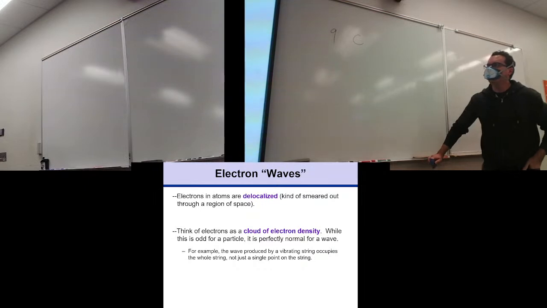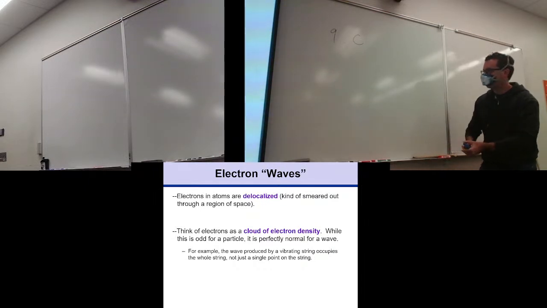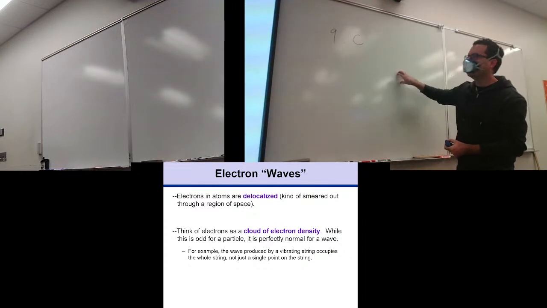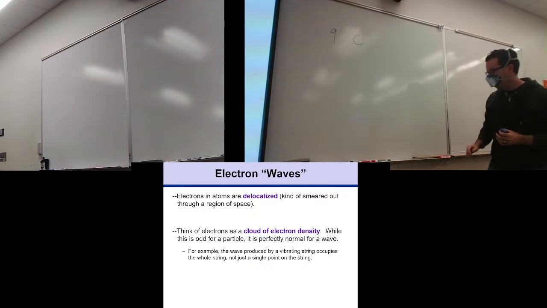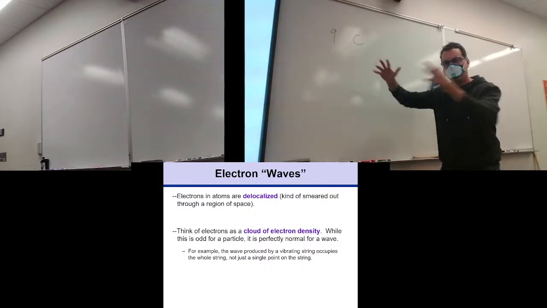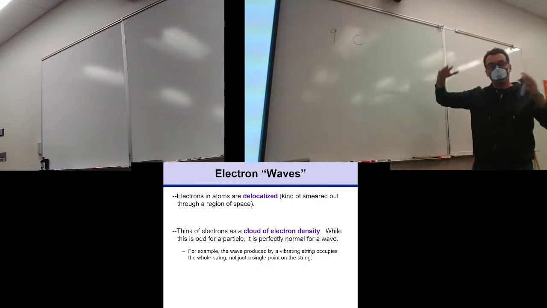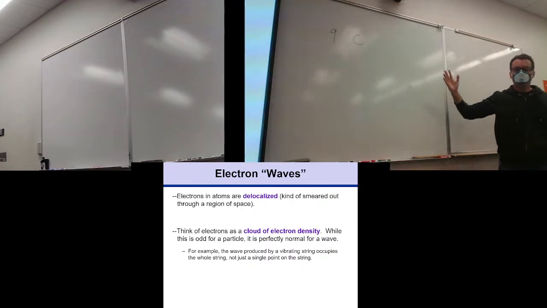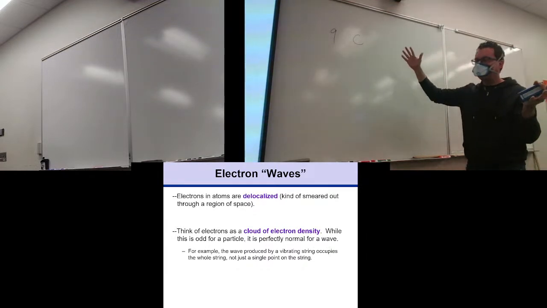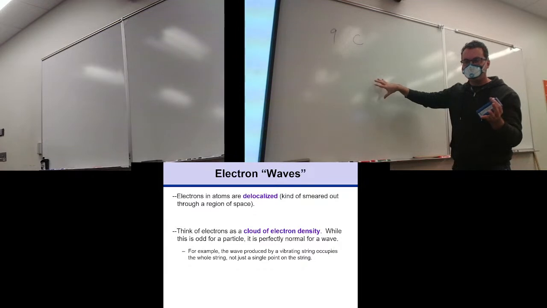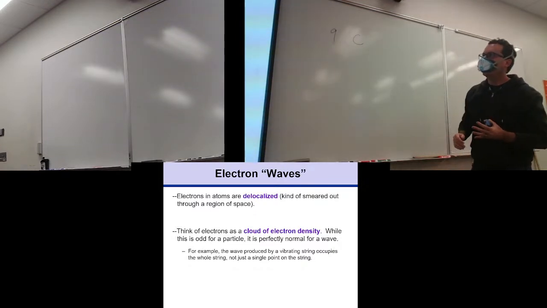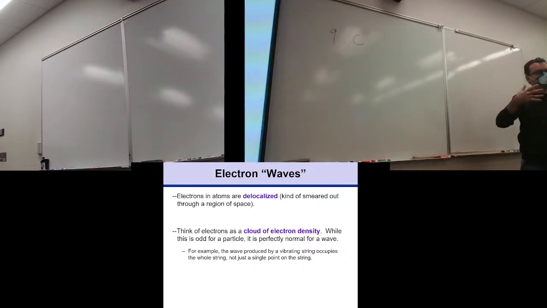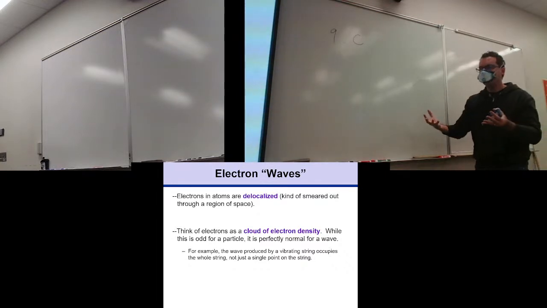And so when you visualize what that would look like, instead of thinking of the electron as a point, it's here, you can imagine it as a cloud of electron density. So imagine it as a cloud, and we're going to talk about the shapes of the cloud later, but if you had a spherical cloud that was darker in the center and got lighter as you went further away from the center, the darkness represents how dense the cloud of the electron density is.